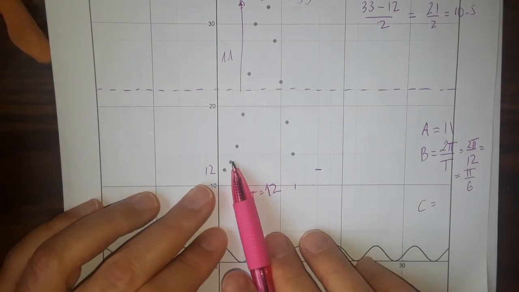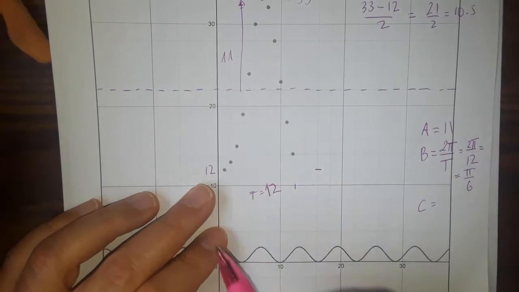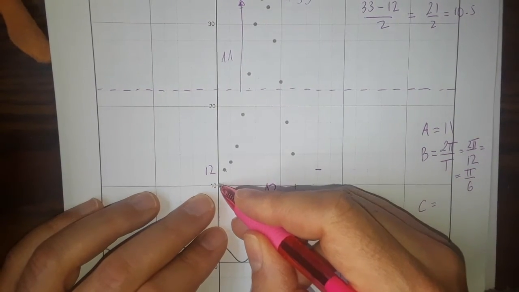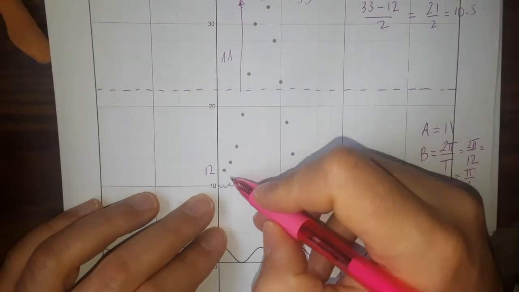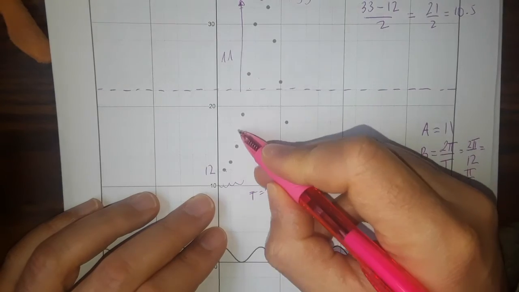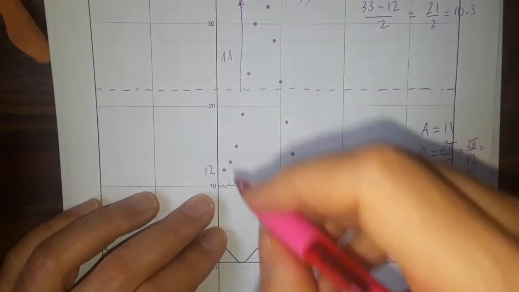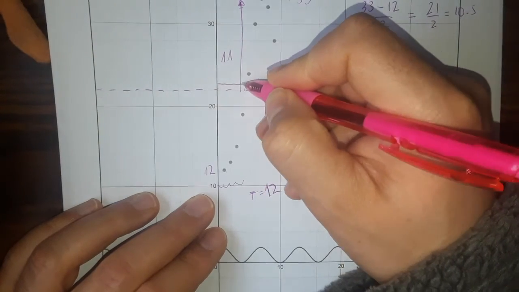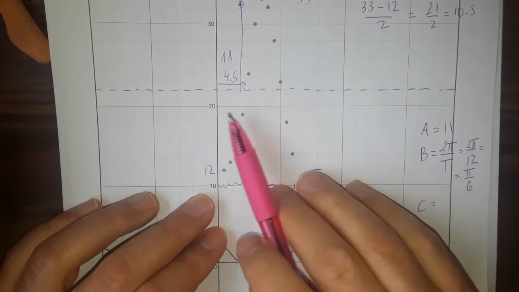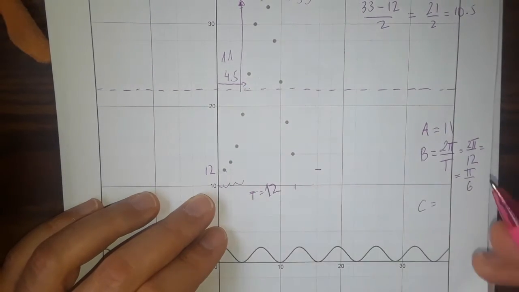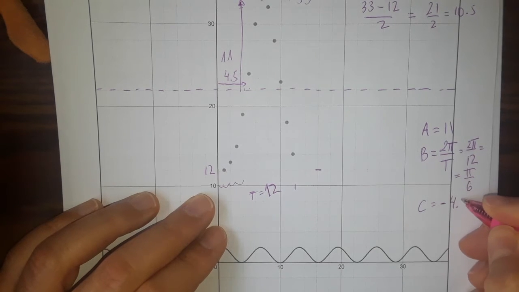Again, if you treat this as a horizontal shift, then it's 1, 2, 3, 4. Oh yeah, 4.5 months. So that means that it has been shifted to the right 4.5. Because it's to the right, it will have to be negative, as we said in the previous video. This will be negative 4.5.